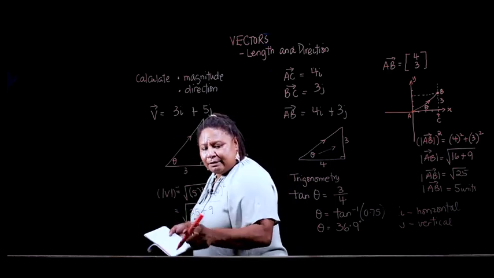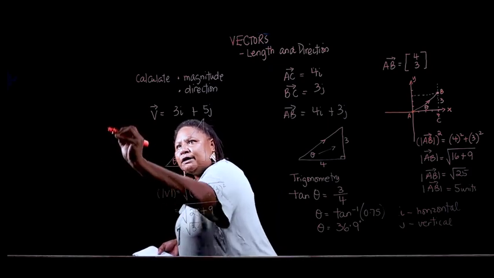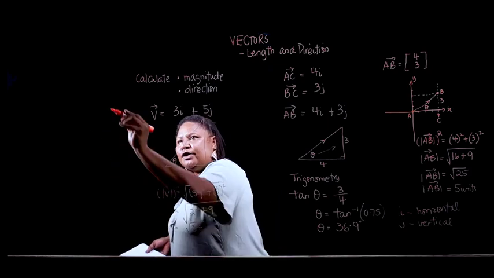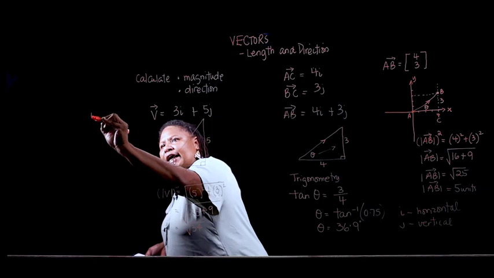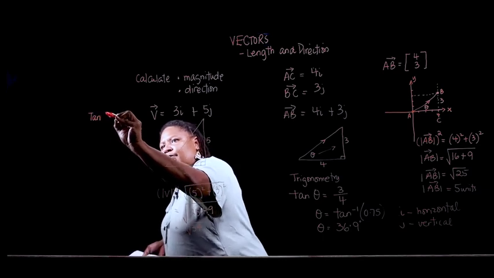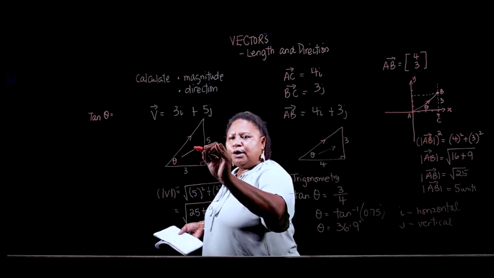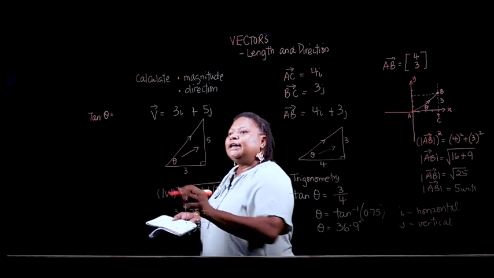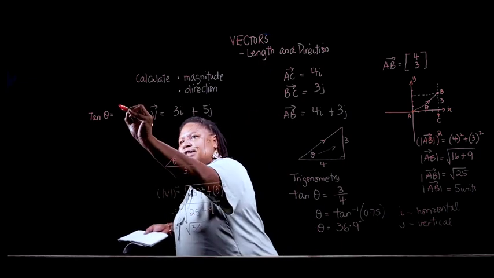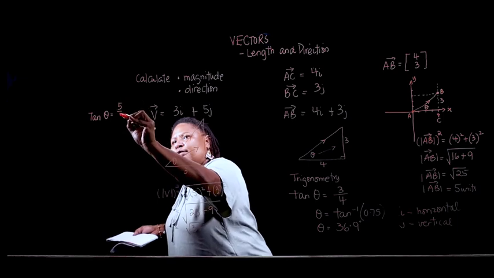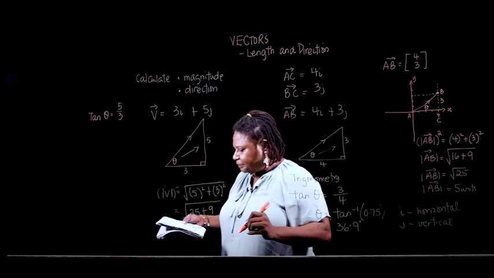To find the direction, again, we apply trigonometry. So tan theta is equal to the opposite, which is 5, over the adjacent, which is 3. So 5 over 3.